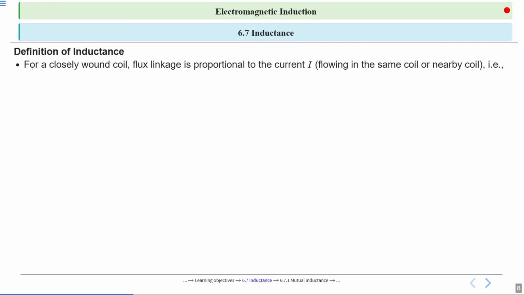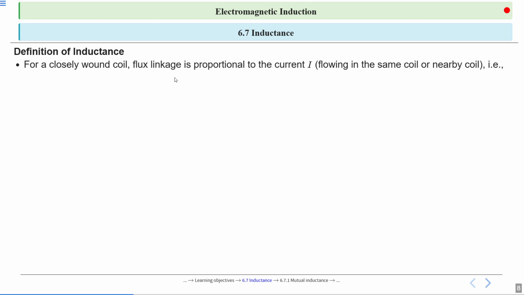Definition of inductance. For a closely wound coil, flux linkage is proportional to the current I flowing in the same coil or nearby coil. Okay, so flowing in the same coil is the case of self induction. Okay, and the nearby coil is the case of mutual induction.